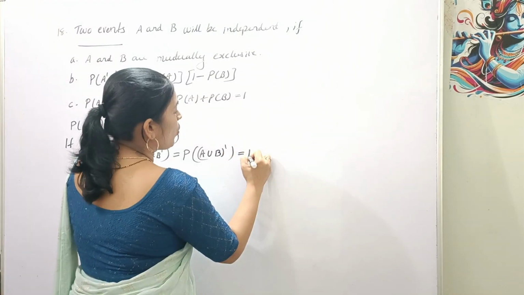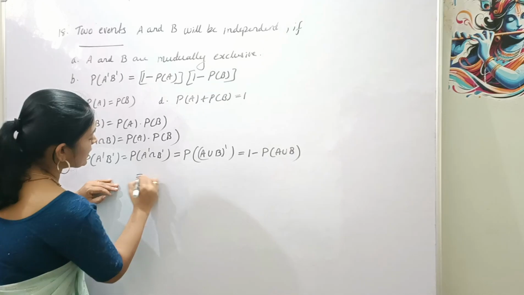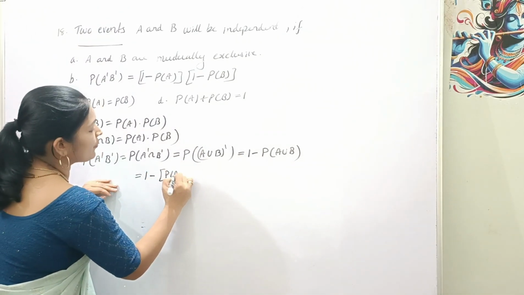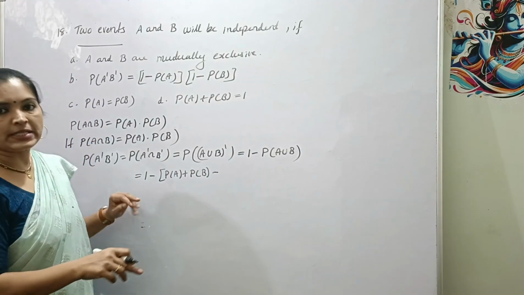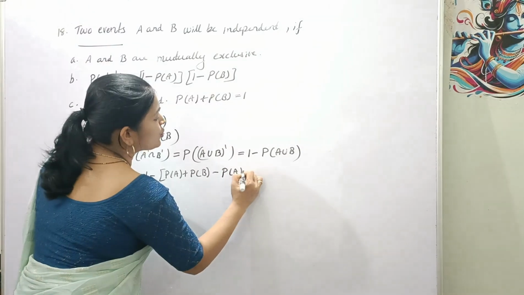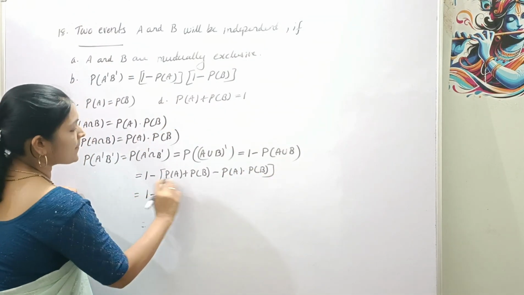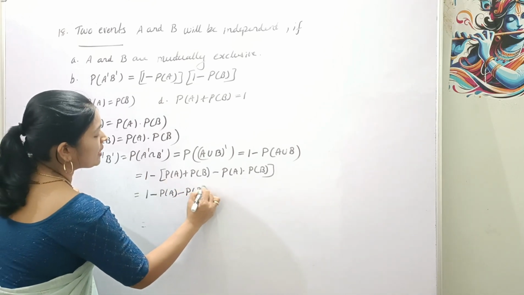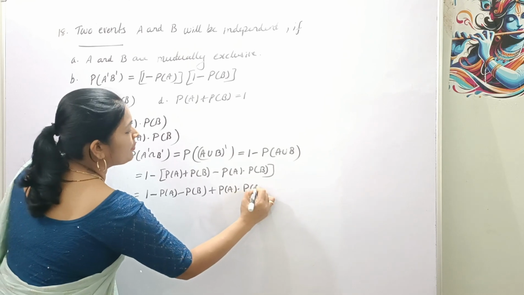So that is equal to 1 minus probability of A union B. That is equal to 1 minus probability of A plus probability of B minus probability of A intersection B. Probability of A intersection B is probability of A into probability of B. Then 1 minus probability of A minus probability of B plus probability of A into probability of B.